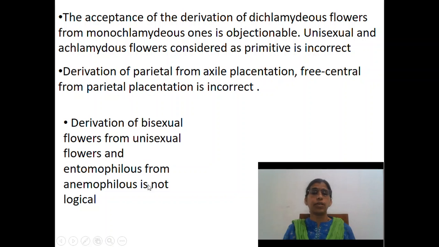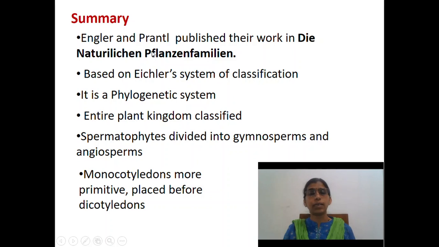Now if we look into the summary of this system, Engler and Prantl published their work in Die Natürlichen Pflanzenfamilien, based on the natural system of classification. This system is a phylogenetic system. The entire plant kingdom is classified into 14 divisions.